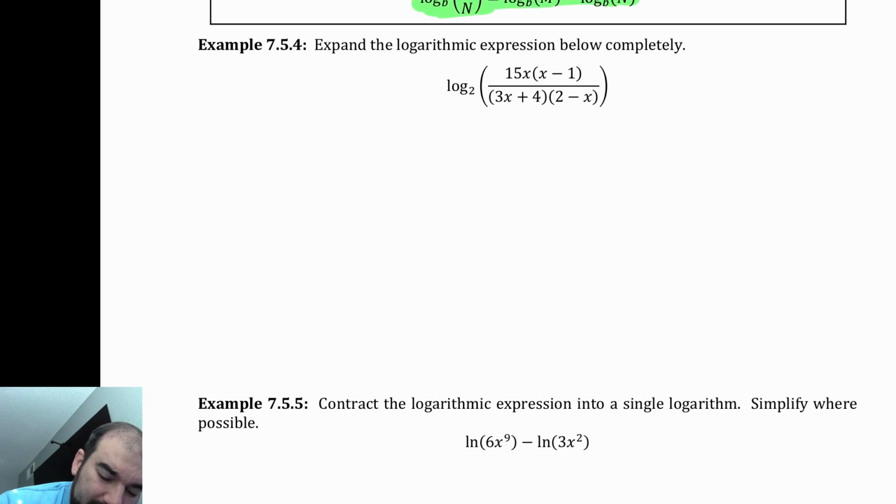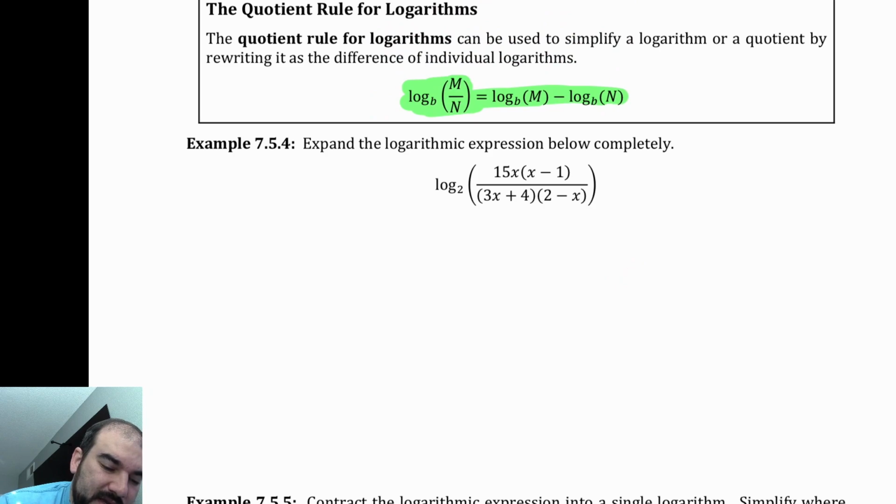So expanding something like this fully requires a couple of steps, because while we have a quotient in here, we have a top expression and a bottom expression, which means we're going to split into a difference.